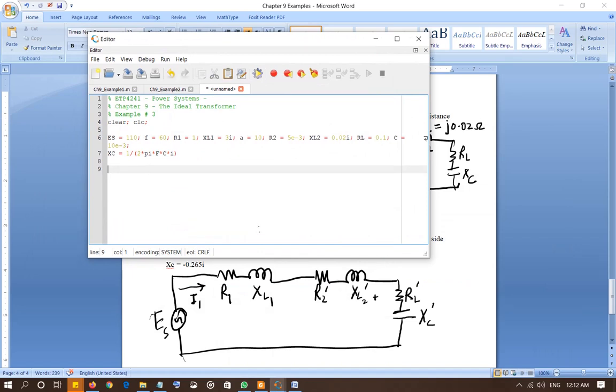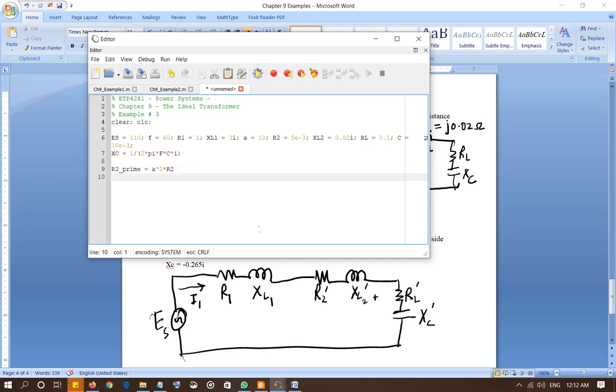So R2 prime equals A square times R2, XL2 prime equals A square times XL2, and then RL prime equals A square times RL, and last XC prime equals A square times Xc.